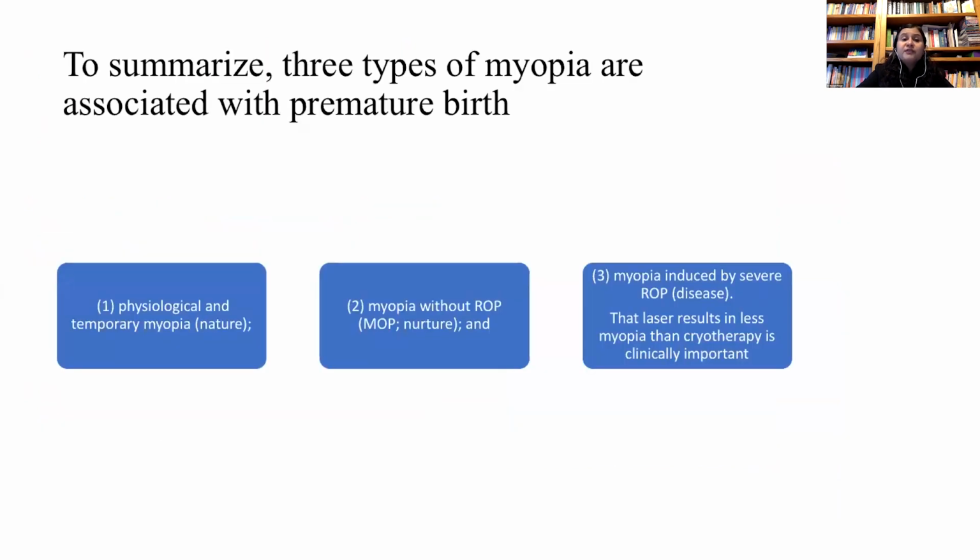So, to summarize, three types of myopia are associated with premature birth. First is physiological and temporary myopia, which is nature; second is myopia without ROP, MOP, or nurture; and third is myopia induced by ROP, that is disease.